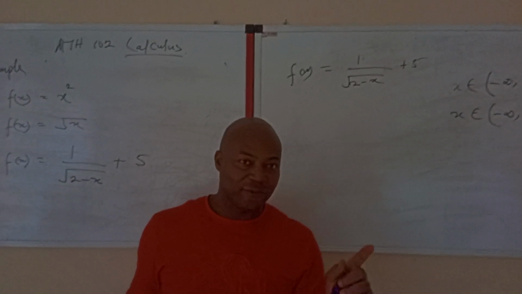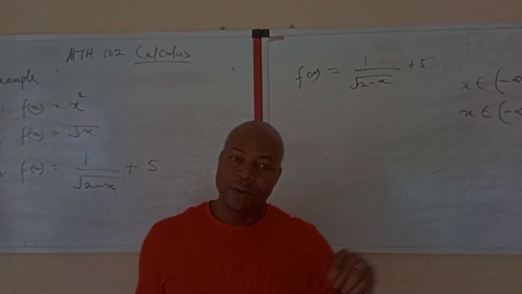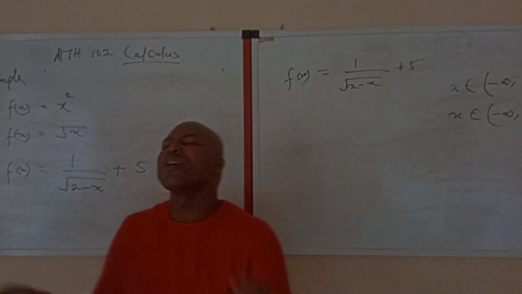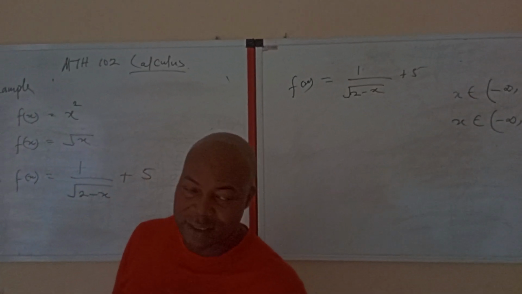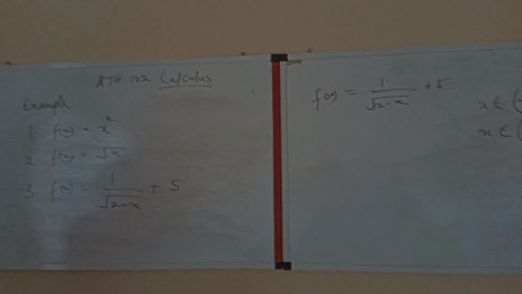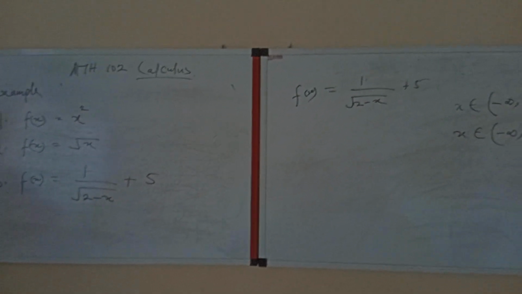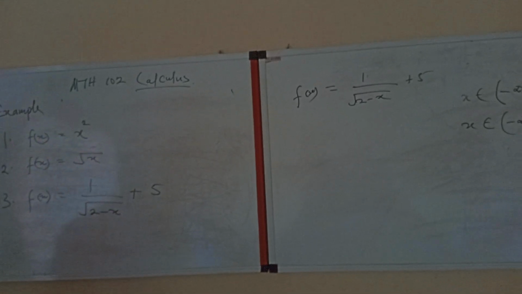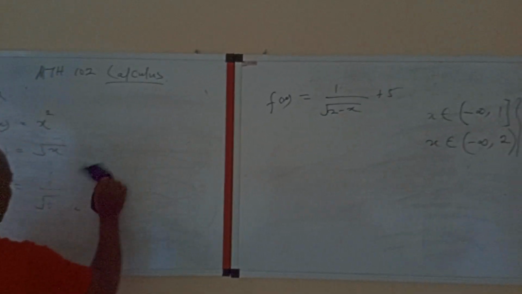So when you see a graph, it does not mean it must be a function. So how will you know that the graph before you is not a function? I want to show you something, and it will make you really see it.